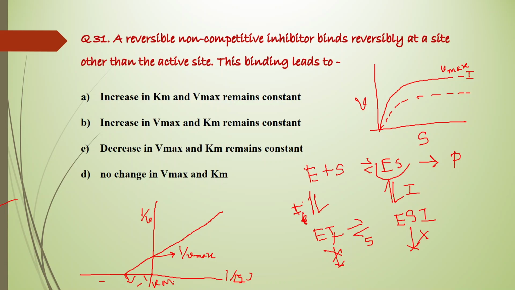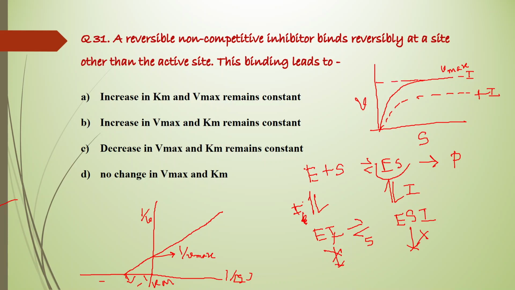Now what will happen in case the Vmax has been decreased? But if we look at the Km value, let me go back here. What is the Km value? This is without inhibitor, and this is with inhibitor.